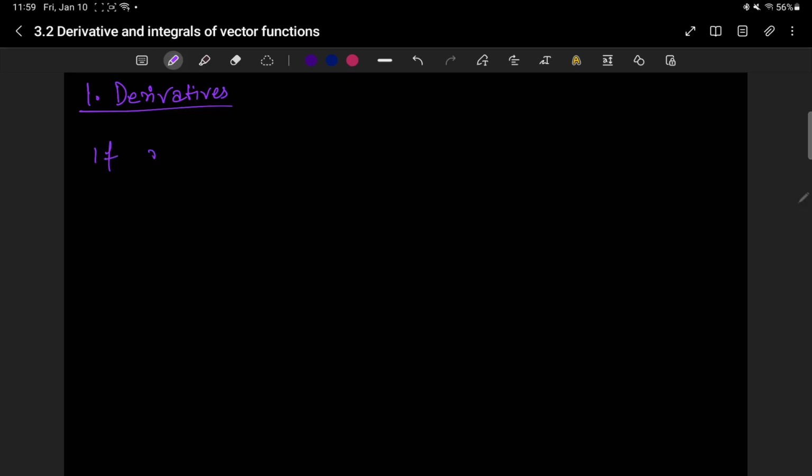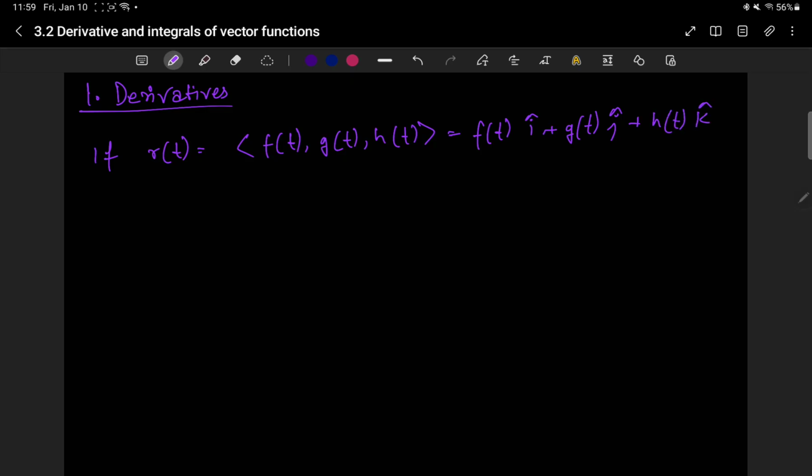So if we have a vector function r of t given by the three components f, g, and h, which is the same as f(t) i cap, g(t) j cap, and h(t) k cap, where f, g, h are differentiable functions.